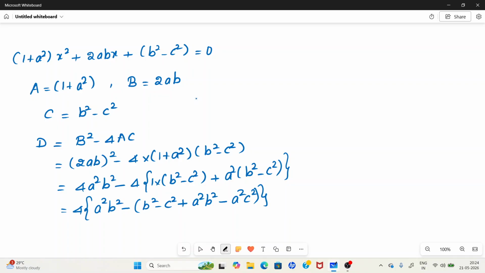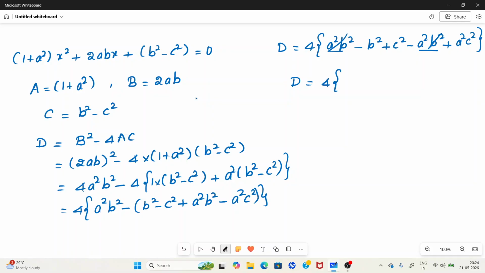So D = 4 into a²b². Multiplying this minus inside the bracket, we will get −b² minus of −c², that is plus c², −a²b² plus a²c². So here −a²b² and +a²b² get cancelled. We will get D = 4 into (−b² + c² + a²c²).